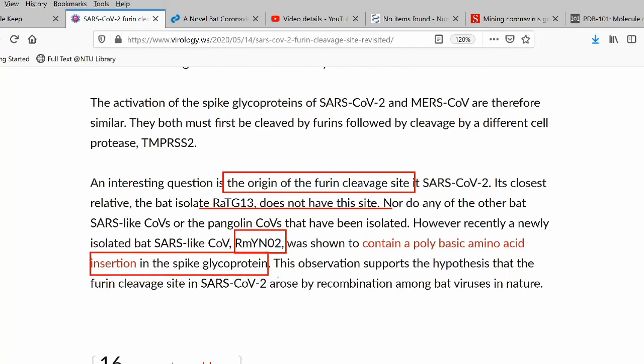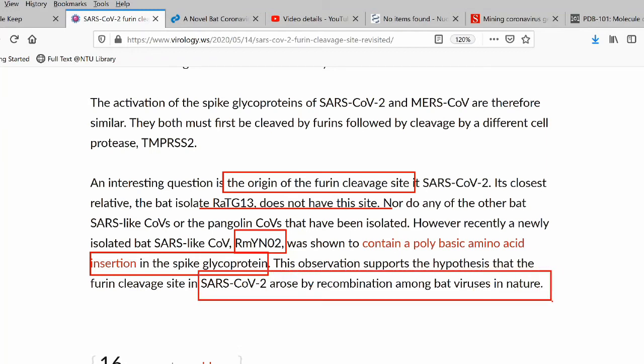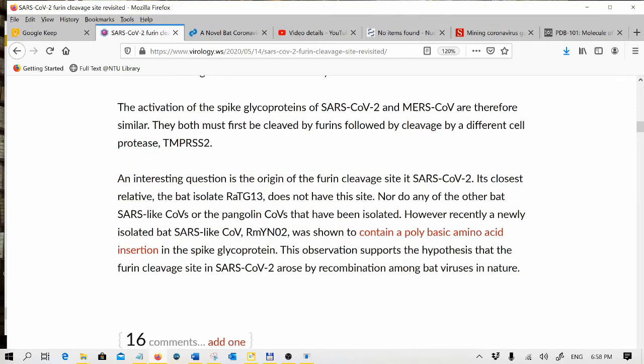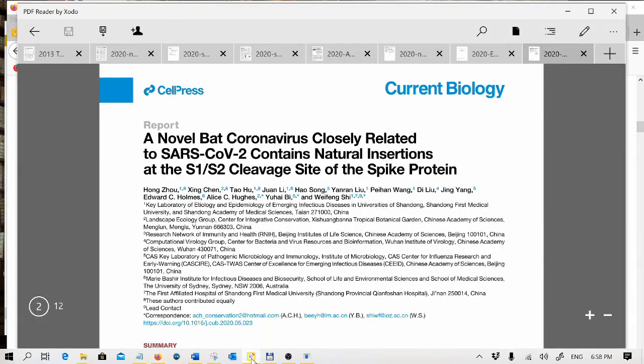And from that it was concluded that SARS-CoV-2 arose by recombination among bat viruses in nature. It looks like it's disproving the entire smoking gun hypothesis.